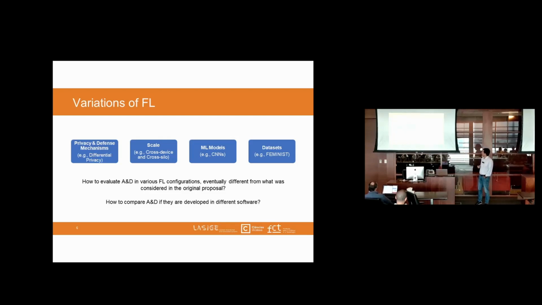And in this case, which is called cross-silo, it means that in each round, instead of having a subset of the clients participating, you will have all clients participating, because maybe you are talking about 50 hospitals that will collaborate to build the model.